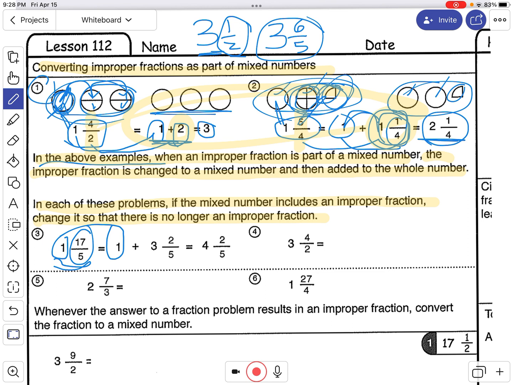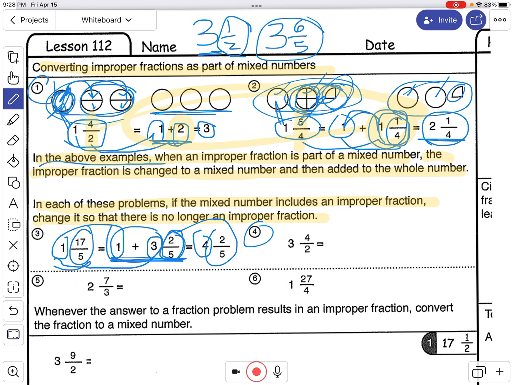And then you'd have 2/5 left over. 15/5, 16/5, 17/5. So 17/5 is equal to 3 wholes and 2/5. 3 2/5. And then when we put these together, 1 plus 3 is 4 2/5. Okay, pause the video, try number 4, and then turn it back on when you're ready for the solution.